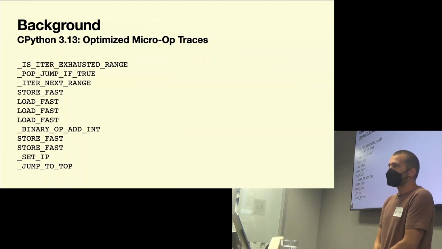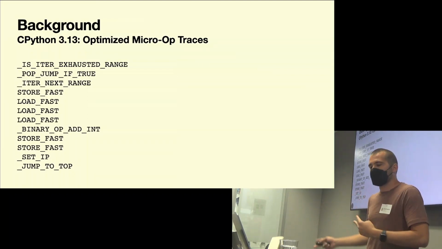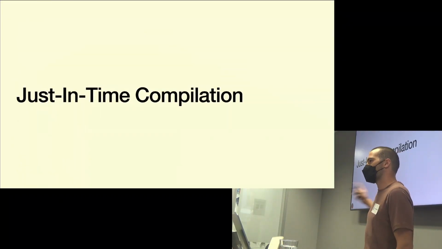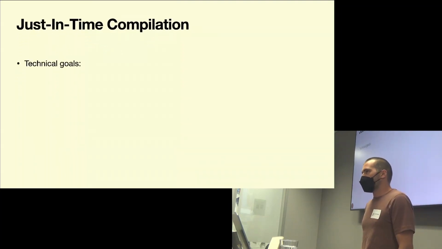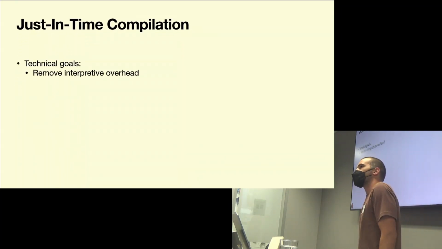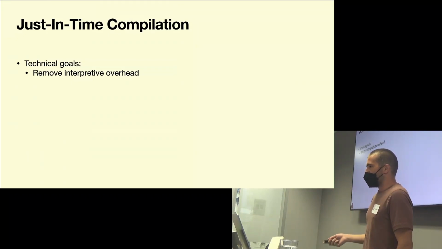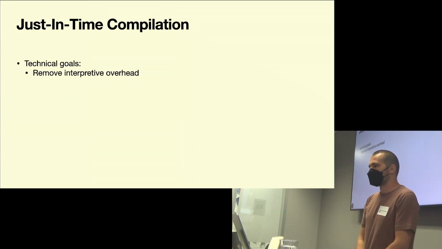So once we've removed all of that extra stuff that we can prove we don't actually need, then comes just-in-time compilation. That's what I'm going to spend the rest of this time talking about. We have a couple different goals with the just-in-time compilation. Our main overarching goal is to remove interpretive overhead. We have removed all the extra dynamic work that needs to take place.